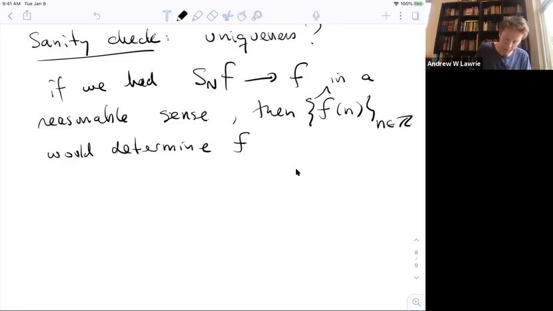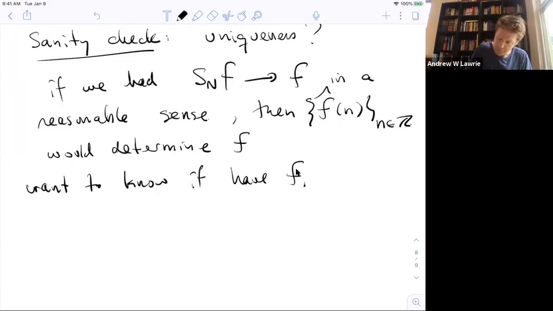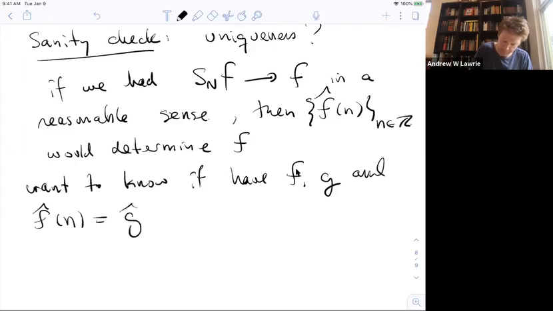So the claim. We want to know: if we have two functions f and g, and f hat of n is equal to g hat of n for every n, if they have the same Fourier coefficients, do we have f equals g?